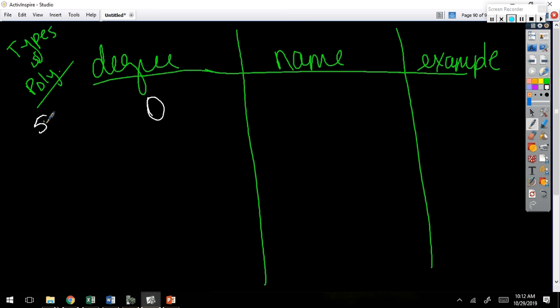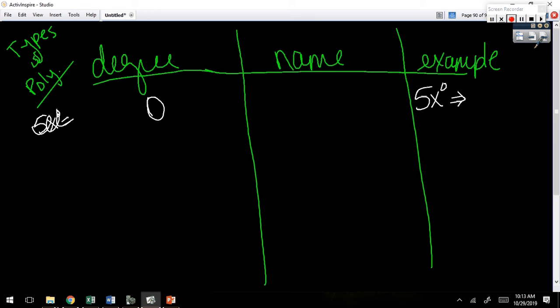I'm going to write this over here. 5x to the 0 would actually just be, I should put that in an example column, 5x to the 0 would actually just be what? 5. Because x to the 0 is 1, so f of x equals 5 is an example of a polynomial of degree 0, right? Do you know what we call that? Somebody said it. Constant. Polynomial of degree 0, yes.